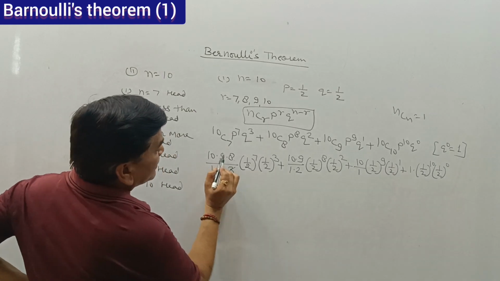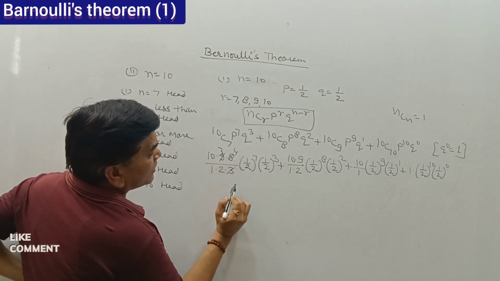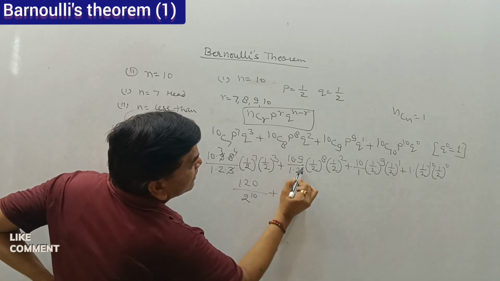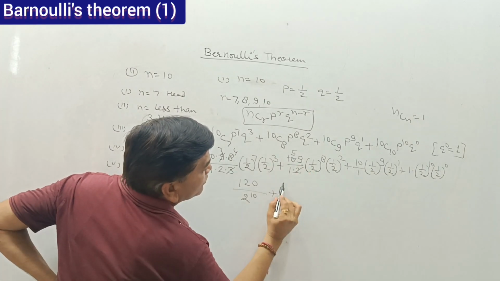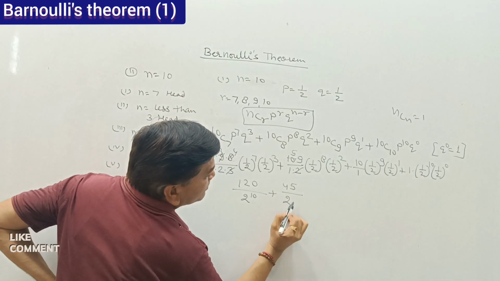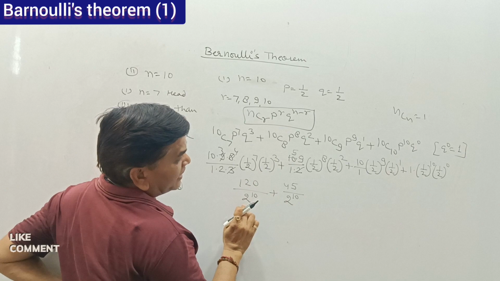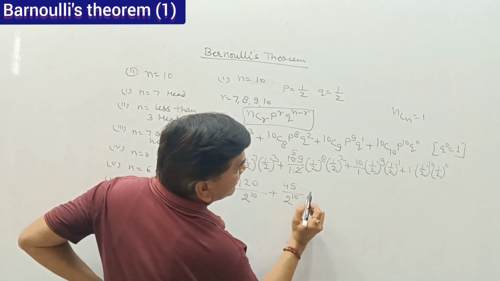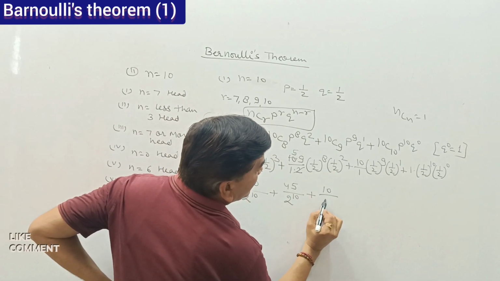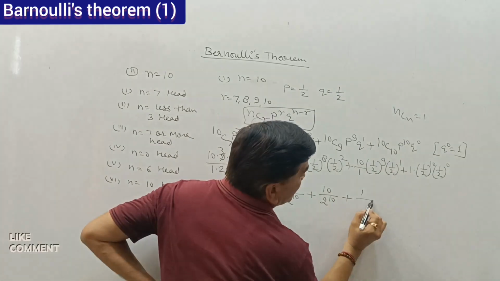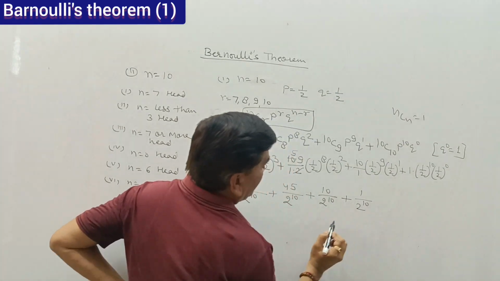So here there will be 3 and 4. So 120 divided by 2 raised to power 10, 5 times, so 45 divided by 2 raised to power 10. Here 7 and 3 is 120, 8 and 2 is 45, plus 10 divided by 2 raised to power 10 for 9 and 1, and plus 1 divided by 2 raised to power 10.